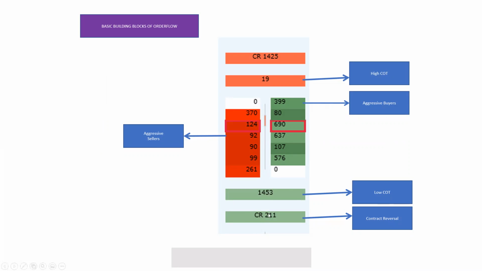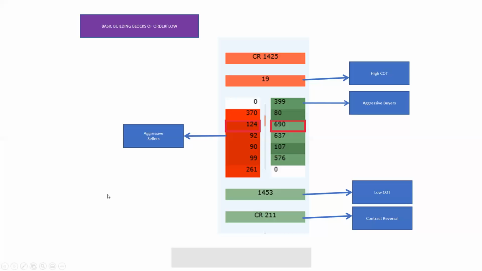This is a buyer's contract reversal and this is a seller's contract reversal. Both the COT metric and contract reversal track how much pressure is there in the markets, how much effort the buyers are making, or how much effort the sellers are making. All those metrics are in the format of delta. So it is nothing but a derivative of delta, we can say.